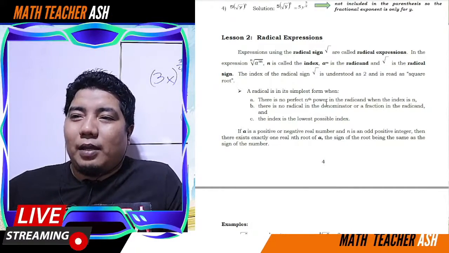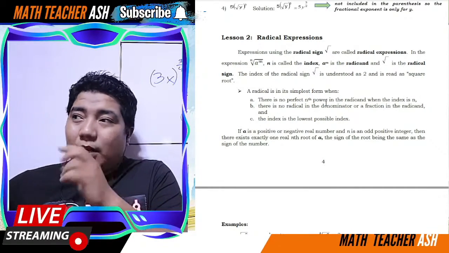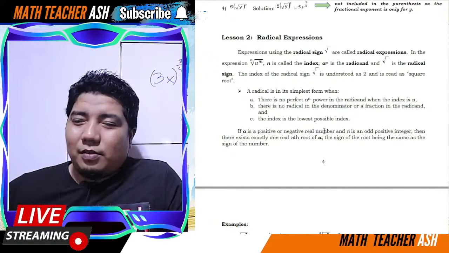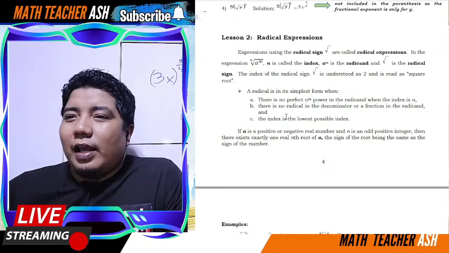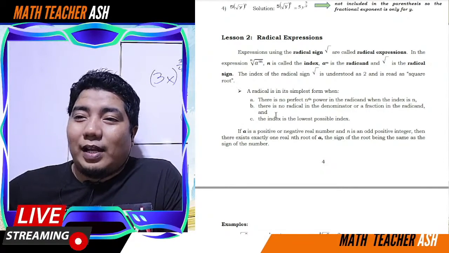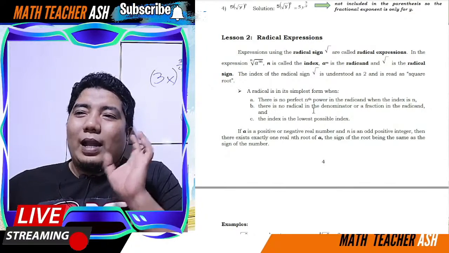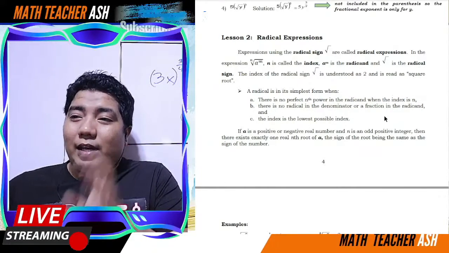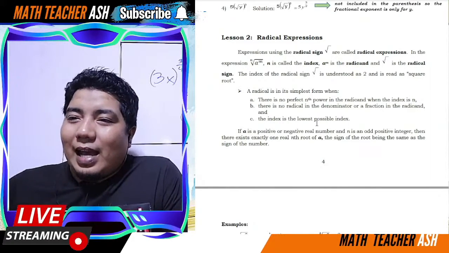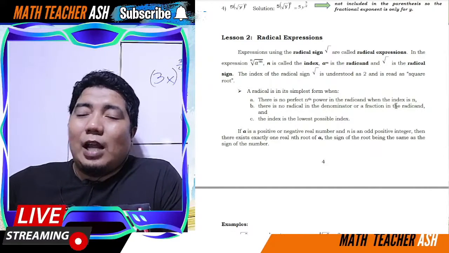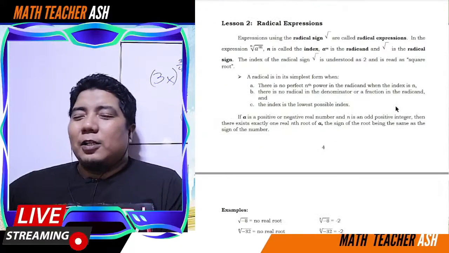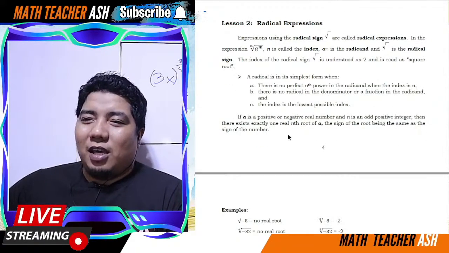Okay, so ibig sabihin, hindi sila divisible. Okay? Later on, malalaman nyo yan. Second is, there is no radical in the denominator or a fraction in the radicand. Okay, so walang radical sa denominator side and then walang fraction sa loob ng radicand. Okay. And last is, if the index is in the lowest possible index. Okay, lowest possible index. Alright. So, paano ba natin yan gagawin? Okay, here.